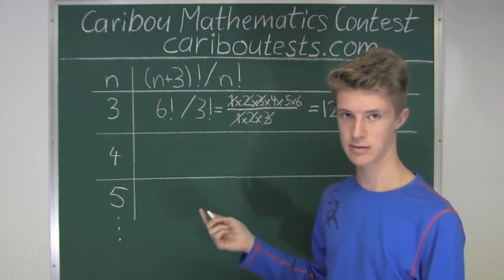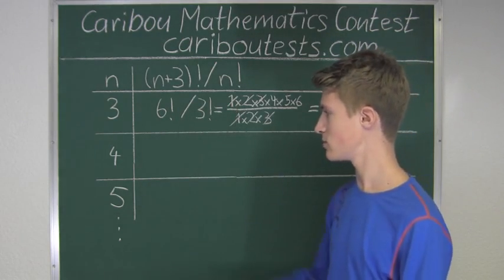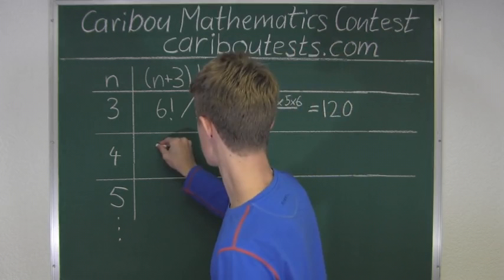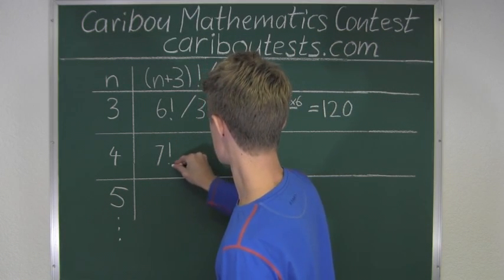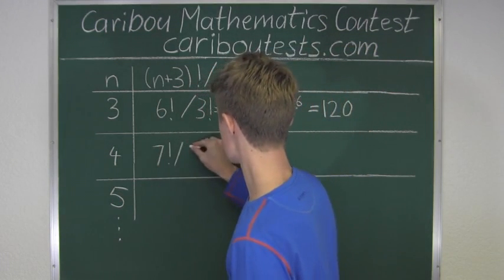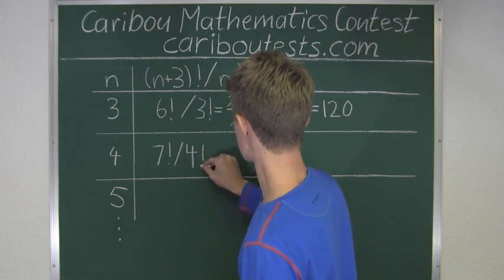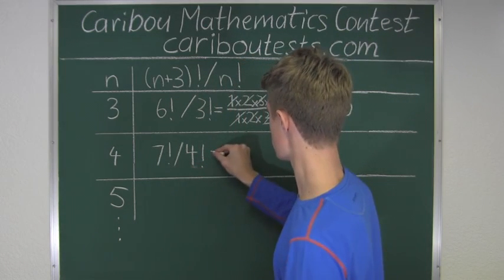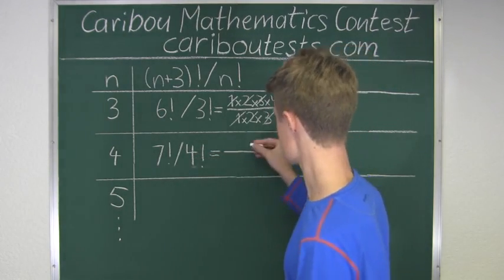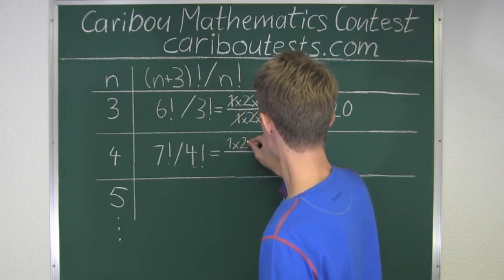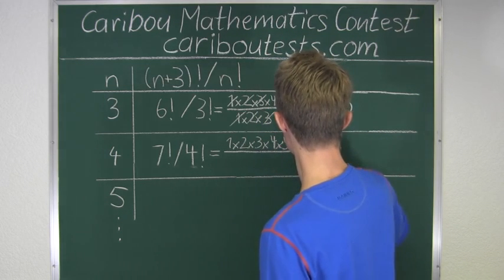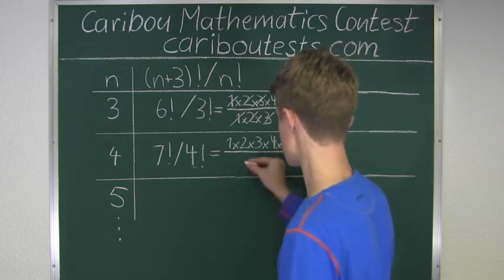But we want 210, so we will look at the next biggest possible answer, which is 4. So we have 4 plus 3 is 7 factorial, and we will have that divided by just n factorial, which is 4 factorial. So this is equal to, we have again 1 times 2 times 3 times 4 all the way up to 7, and then we have 4 factorial, 1 times 2 times 3 times 4.